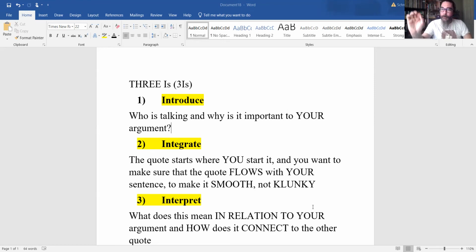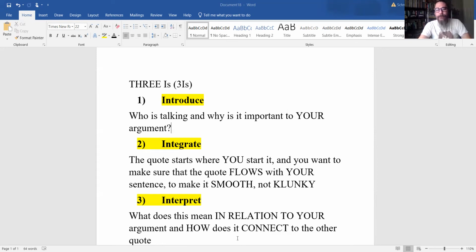You want to introduce them, fit them into your sentence structure, and use them to prove a point, not just to echo them. If you just regurgitate and repeat what is being said, then you are doing nothing more than just repeating what somebody else said. You're not making your own argument. That's a book report. And I'm not looking for a book report. I'm looking for an argument.